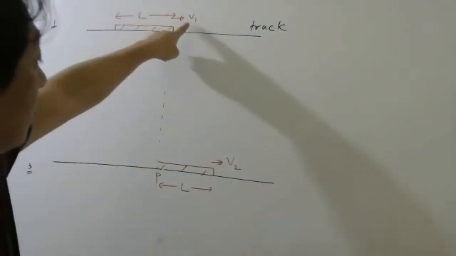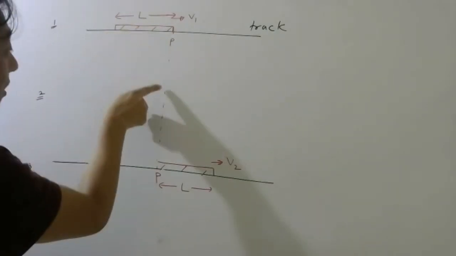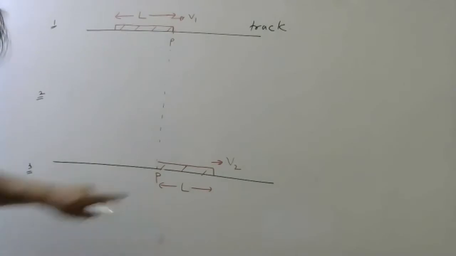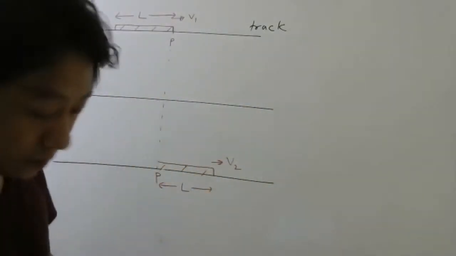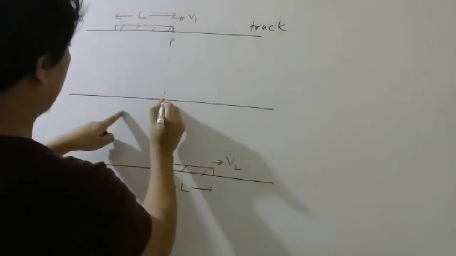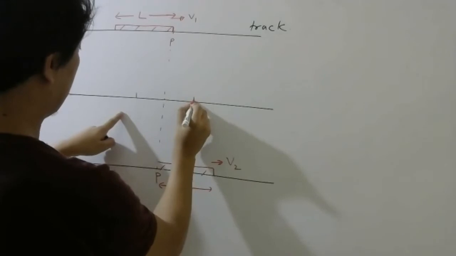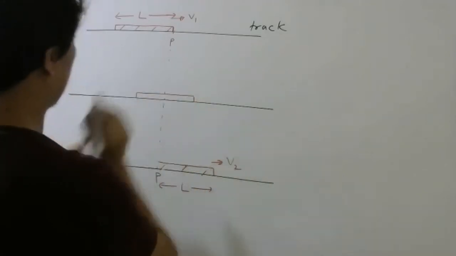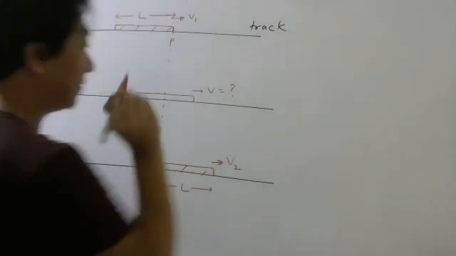So this is given, this is given. What we have to find? When the midpoint of the train, before this will happen, right? The midpoint will be here. Yeah. So something like this. So that time its velocity we have to find.